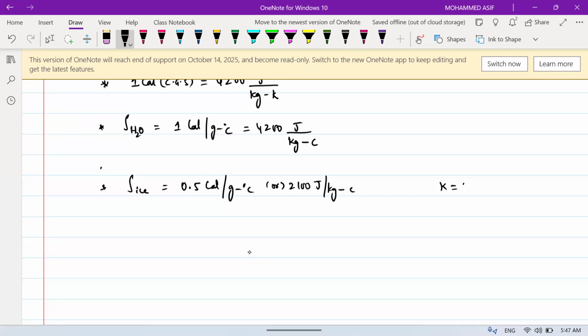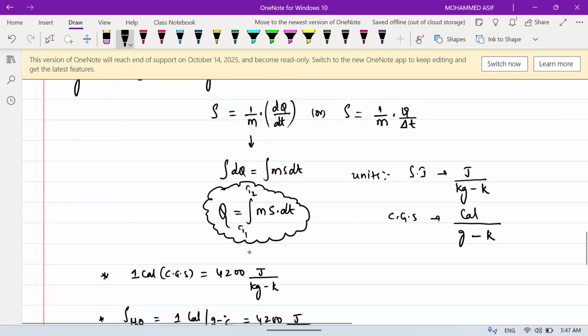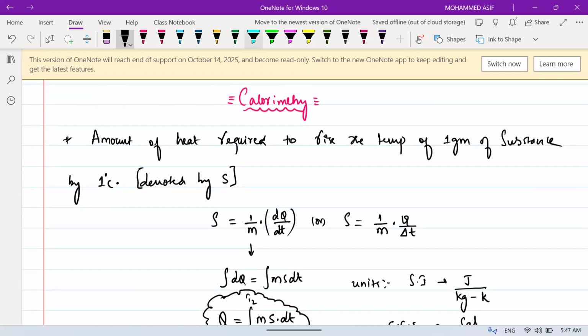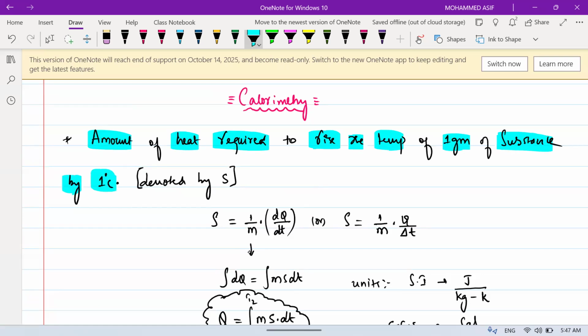K is also equal to C here because number of divisions of K is equals to number of divisions of C. That is the reason whether I write it K or C should be taken as one and the same for small changes, because 1 degree Celsius change is very, very small. So come back again. So how do you define this? The amount of heat required to raise the temperature of 1 gram of substance by 1 degree Celsius is equals to 1 calorie.